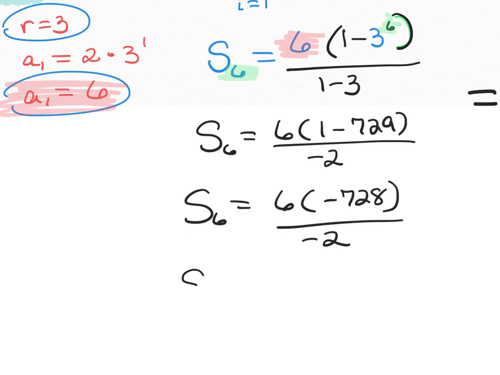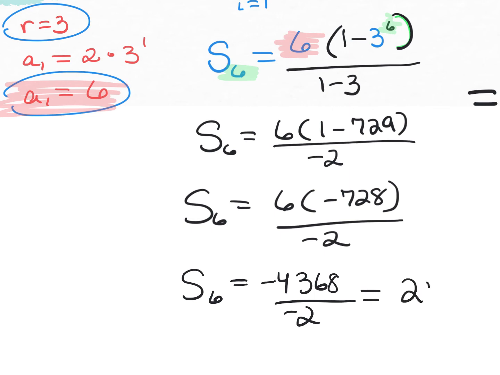This will end up being negative 4,368 divided by negative 2, and the sum is 2,184. So the sum of the first 6 terms of this geometric sequence is 2,184.